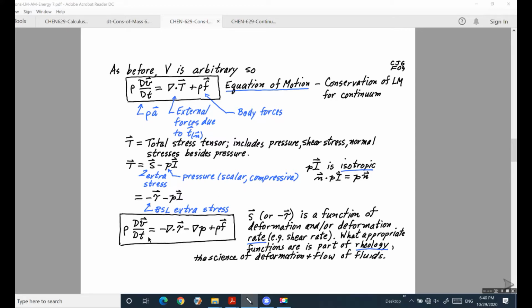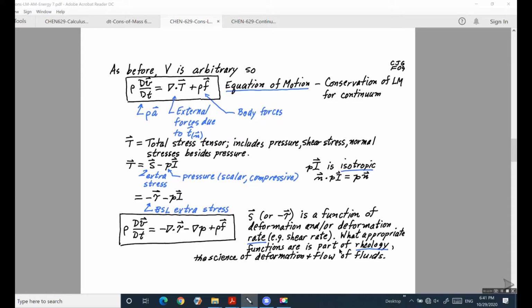This is the pressure, a scalar, and this is the extra stress. Then I can convert this term and write it in this form instead of the stress form. This is the grad P, and this is the divergence of that term. S is a function of the deformation or deformation rate, the shear rate.